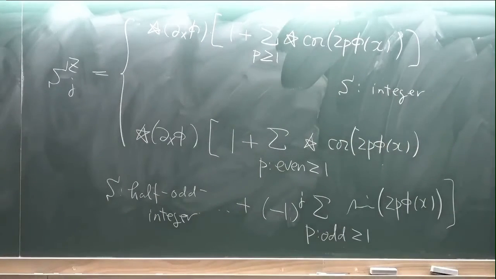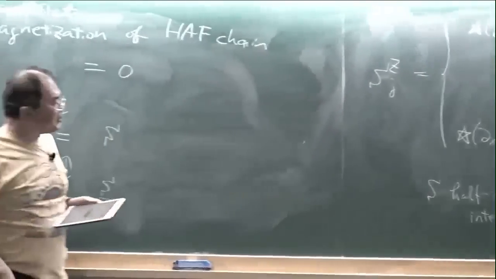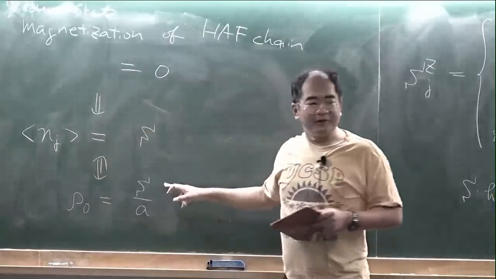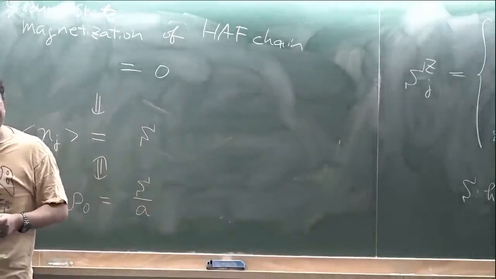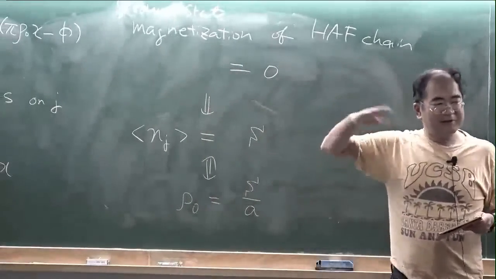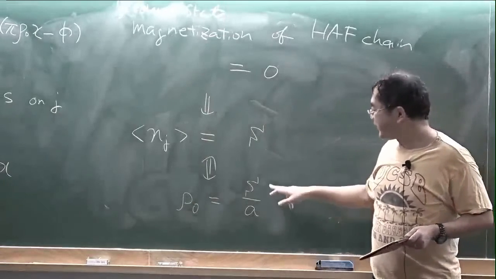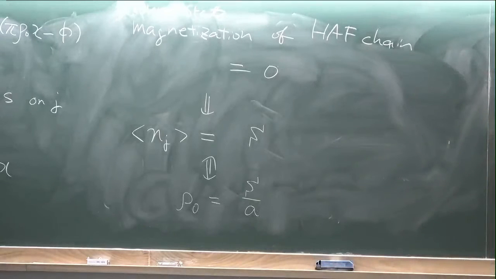difference comes from this oscillating factor. So each term within this rho(x) is an oscillating function of x, like e to the 2ip times pi rho_0 x, but rho_0 is S over a. If you integrate over the unit cell of length a, this factor gives a different behavior depending on whether S is integer or half odd integer.